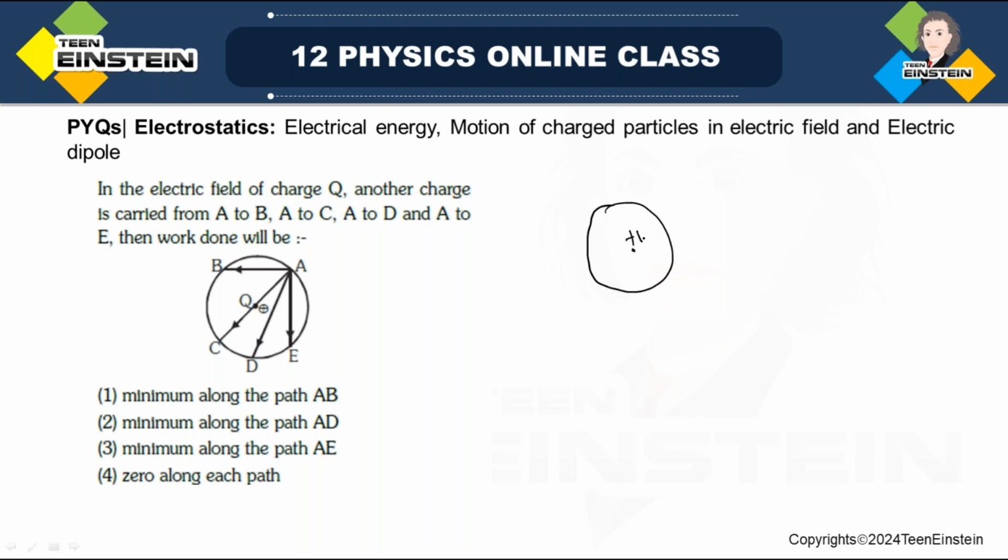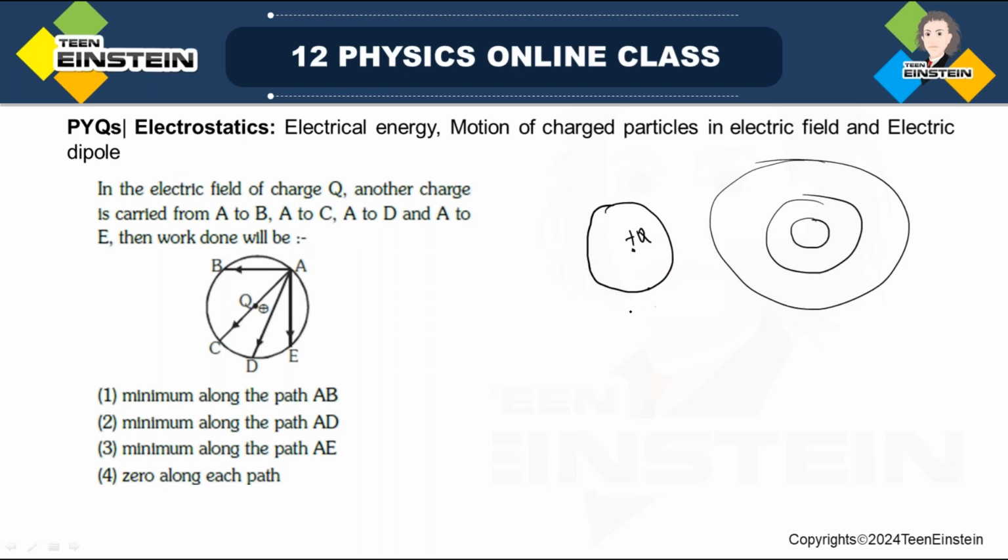Suppose positive q is kept here at the center. So it will produce equal potential at each point on the surface. That means this point charge will create an equipotential surface, or I can say concentric equipotential surfaces like this.